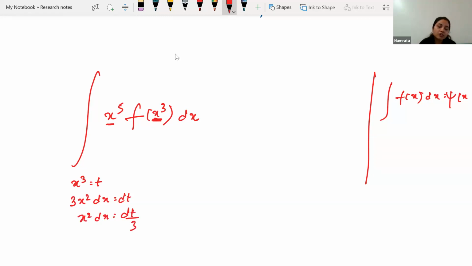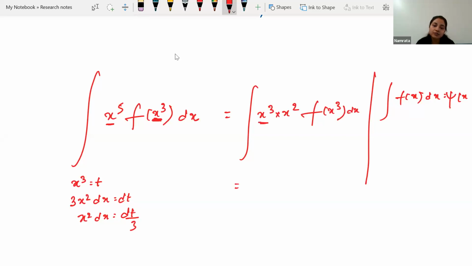So this x to the power 5, we can break it into two parts: one part x cube, another part x square. We can write this x to the power 5 as x cube into x square, and f of x cube dx. This is how we can break the terms in our integration.